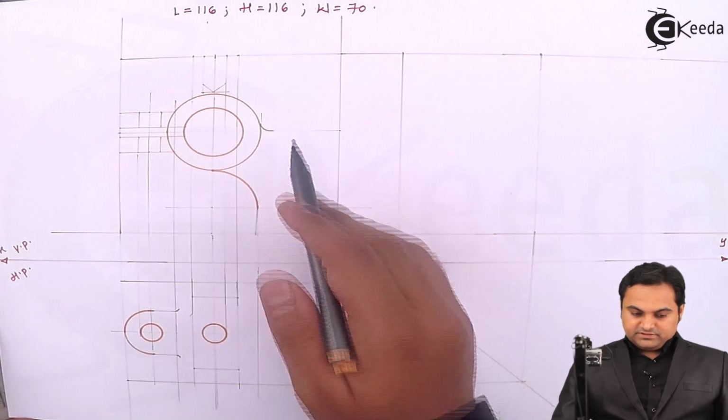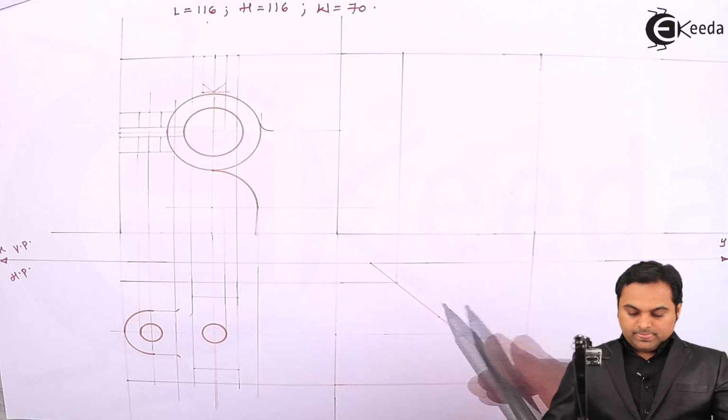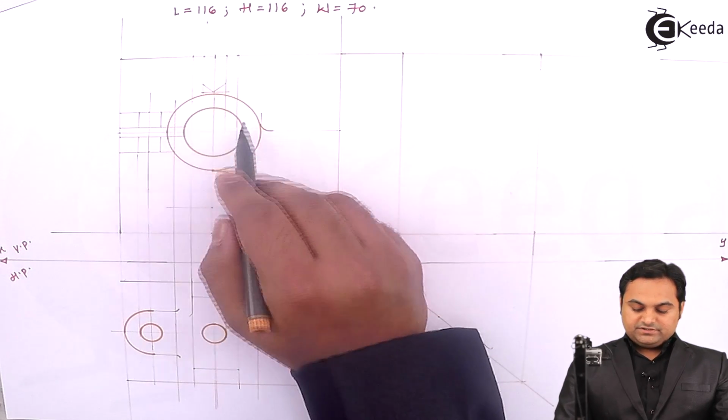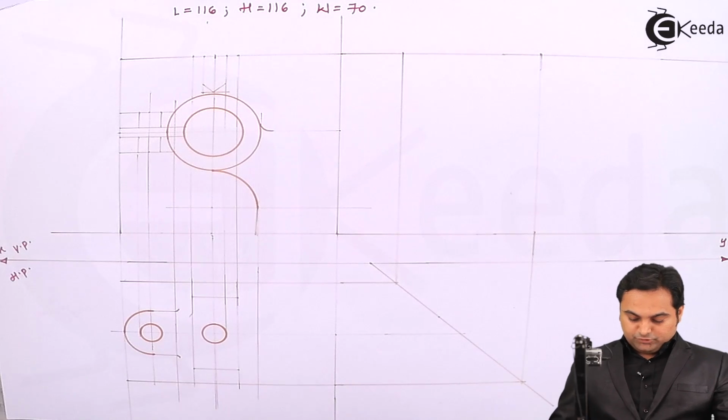And whatever remains is this rectangular surface. Now, after reaching up till here, there is a hole inside this cylinder. That hole will not be visible from top, so it has to be hidden.